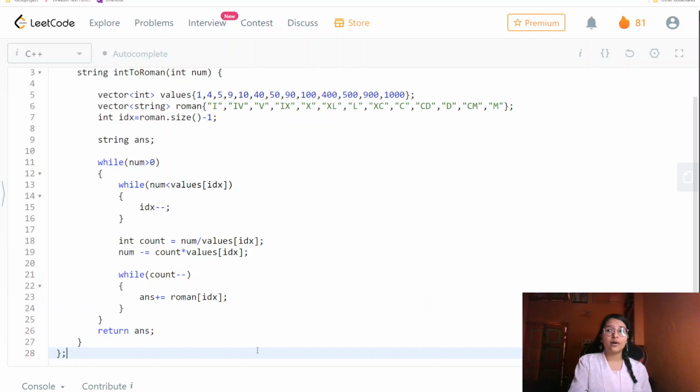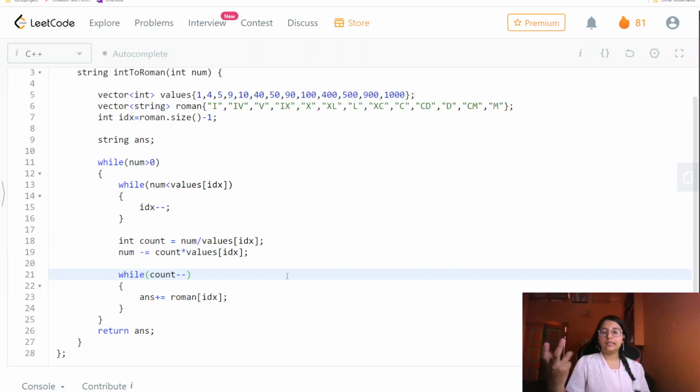Now comes the part about the time complexity. So basically the time complexity here, this is num, so order of n, right? And now, because we are dividing here, our num is basically decreasing. So not order of n, because of this division part only.